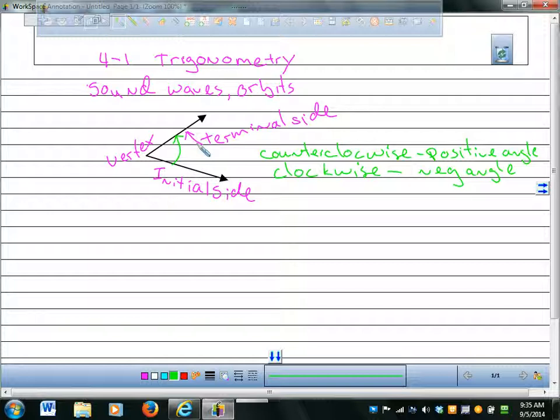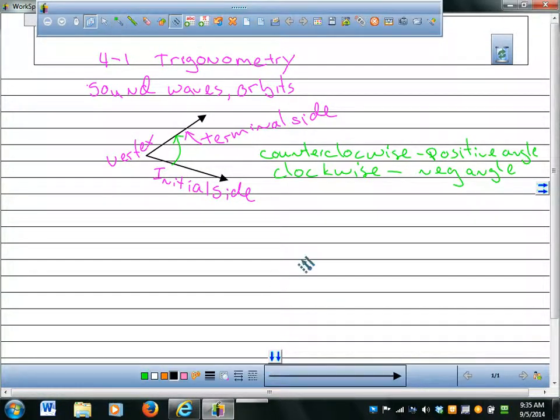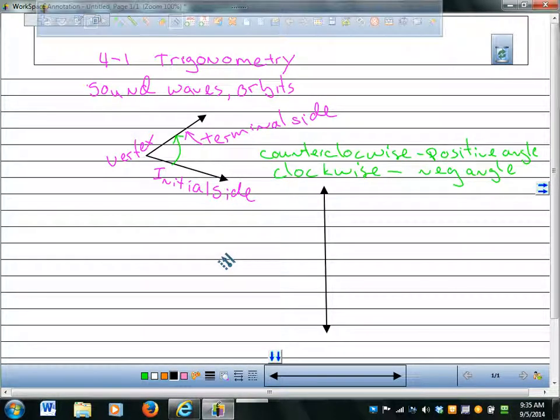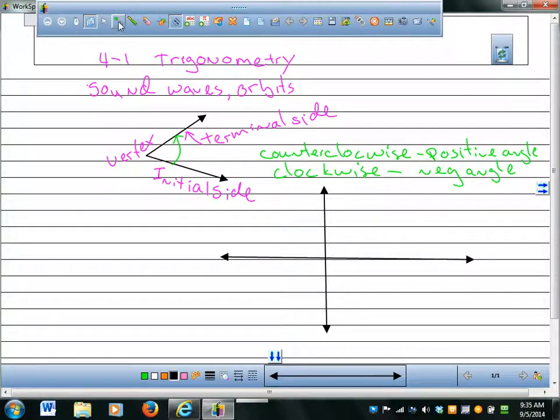Okay. So for our purposes, we put our angles in standard position. Let me do that again. Where we have an X and Y axis. So standard position, the X axis, okay?